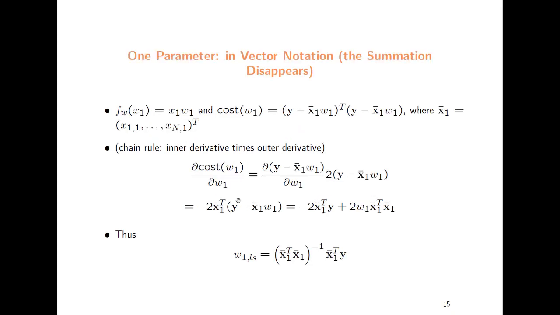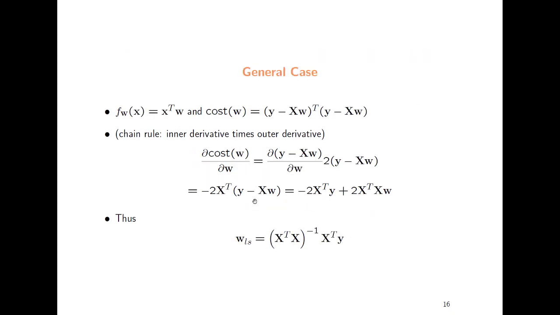We can write this again as 2 terms: minus 2x transposed y plus 2x transposed xw. So we get this product here. And now we are multiplying w with a matrix and y with a matrix.